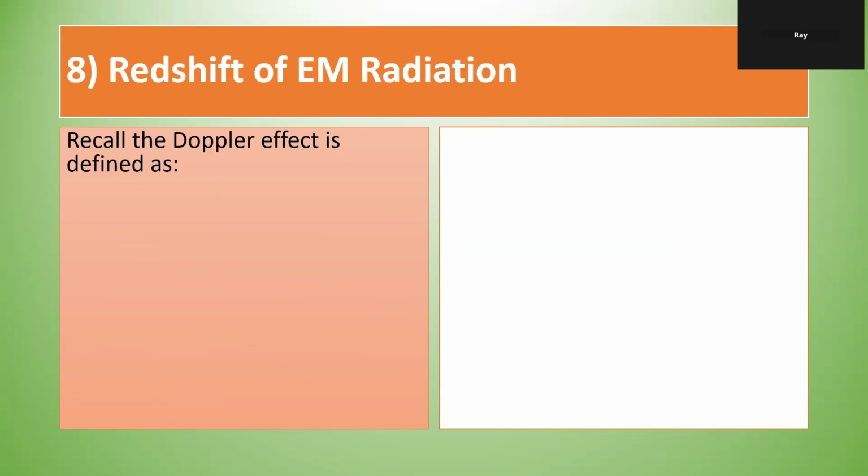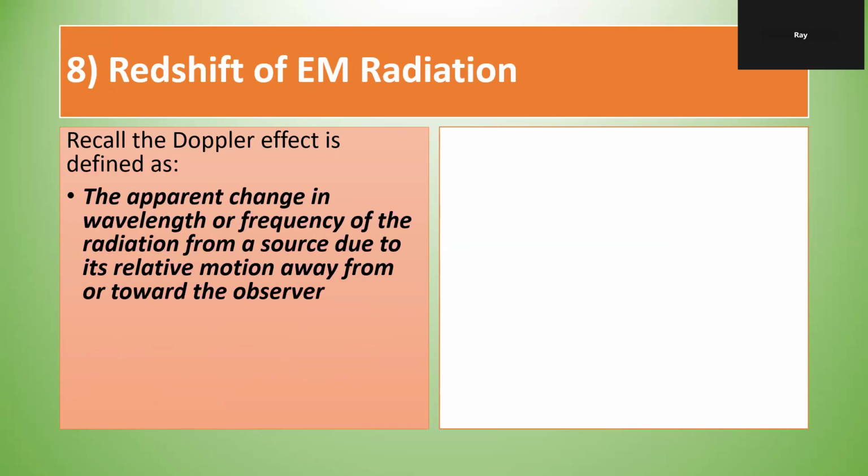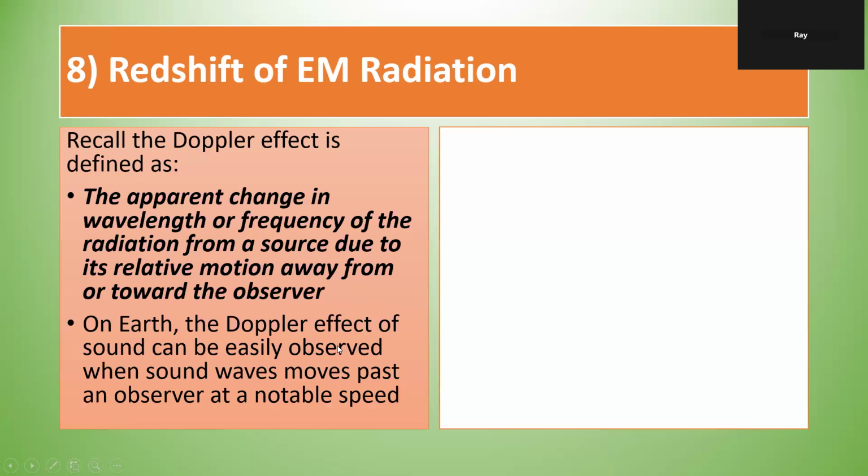Recall the Doppler effect is defined as the apparent change in wavelength or frequency of radiation from the source due to relative motion away from or towards the observer. Either the source or the observer is moving, and then there's an apparent change in wavelength or frequency of radiation or sound waves. That is your AS work.